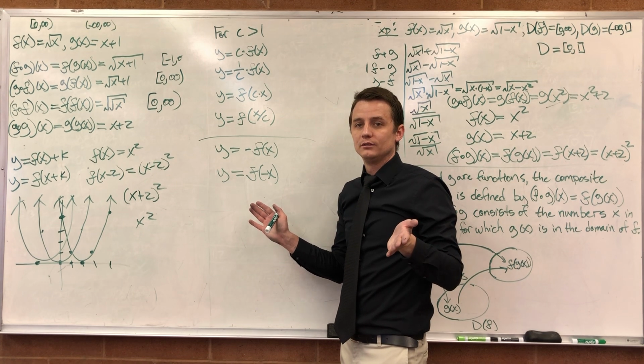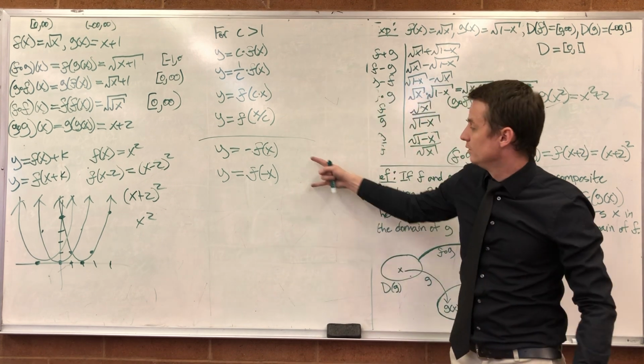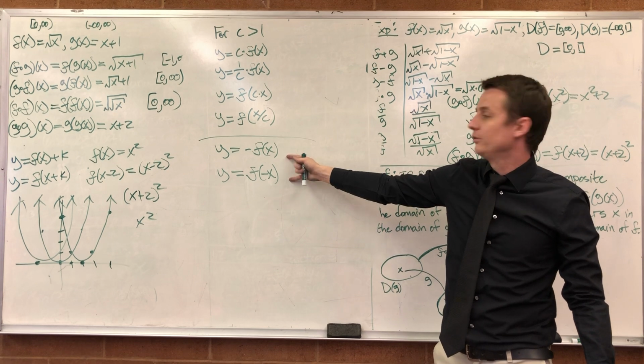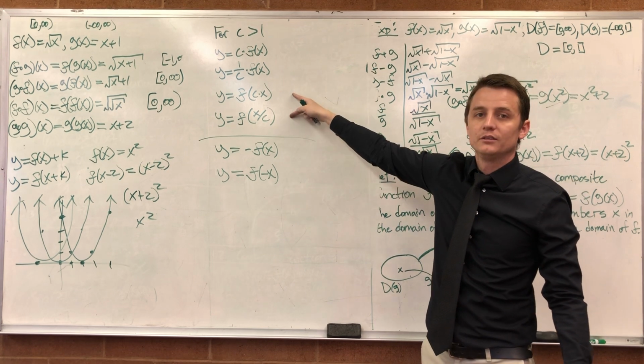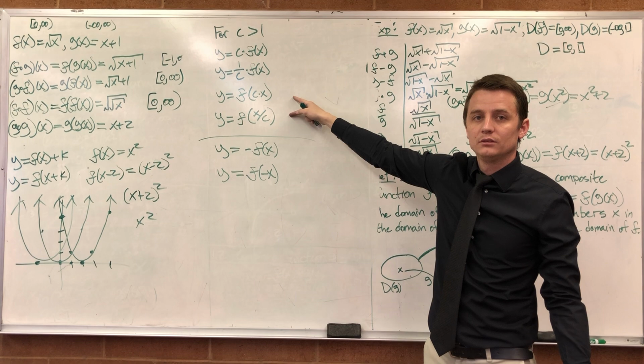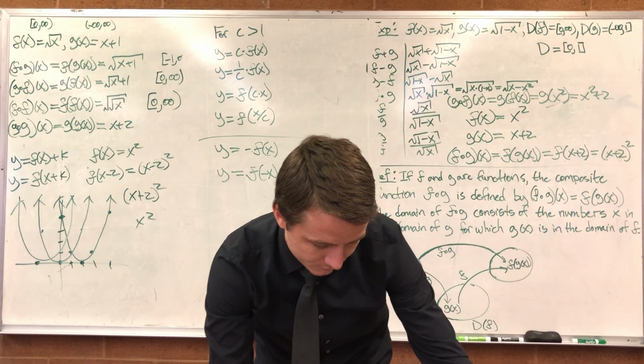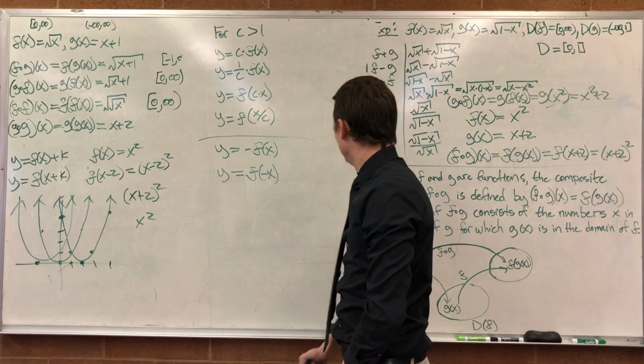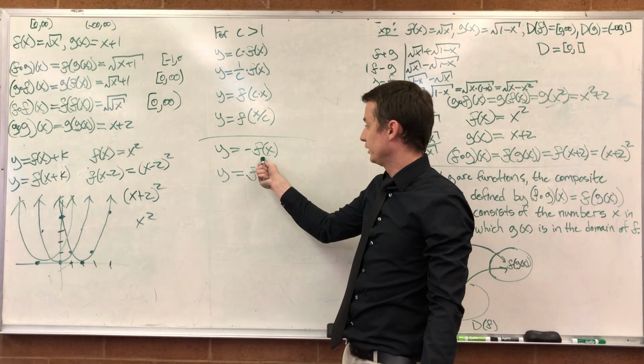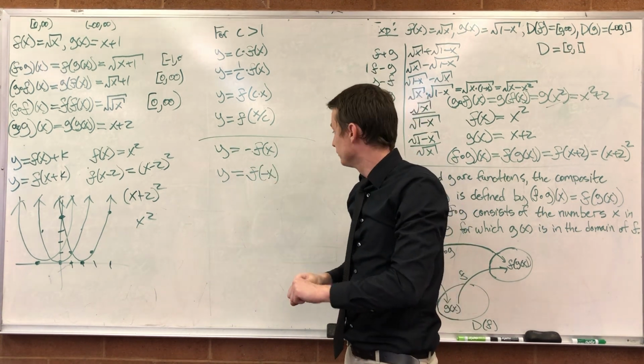Good? That's really cool. So those two, we already have some intuition for, so now we just need to focus on making these ones make sense, right? You're saying that bottom one reflects across the x-axis, or the y-axis? This one reflects across the y, this one across the x.